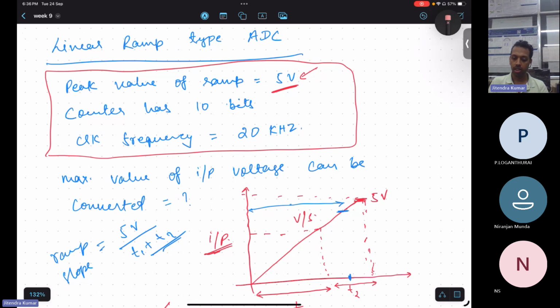So the maximum value of input voltage that can be converted or measured will be 5 volt. Do you guys agree with this? Any doubt on the maximum value of input voltage that can be measured with this kind of circuit?